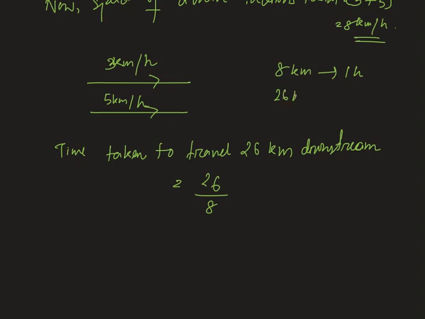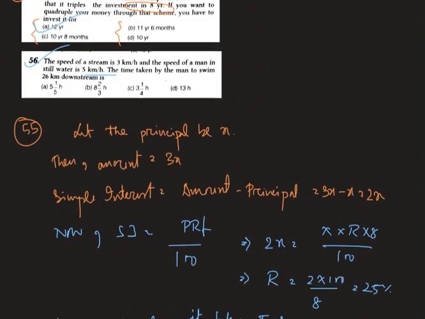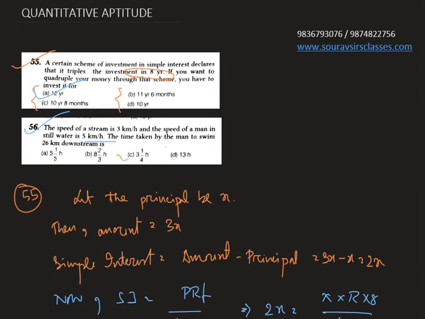Then for 26 kilometers it takes 26 by 8 hours, and this reduces to 13 by 4, or we can write 3 and a 1/4 hours. So the right option is option C.